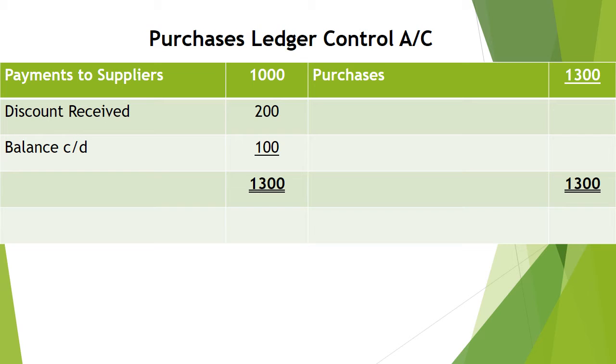And on the debit side, payment to suppliers, because when we make the payment to the supplier it will be recorded on the debit side, because accounts payable will be recorded on the debit side. Accounts payable to bank or cash, so these payments will be recorded on the debit side. And discount received will also decrease the liability, and when liability decreases it will be debited, so it will also be recorded on the debit side.